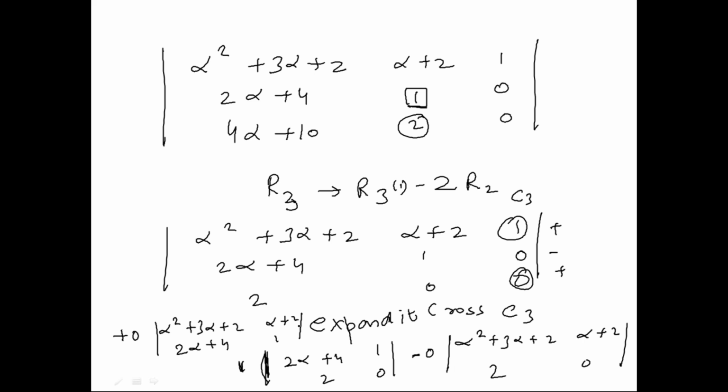Is it okay with both of you? Did you understand how we expanded across the column? We have used the same concept as we did with the topmost row. The only difference is that we have expanded it from the third column. Is that okay?